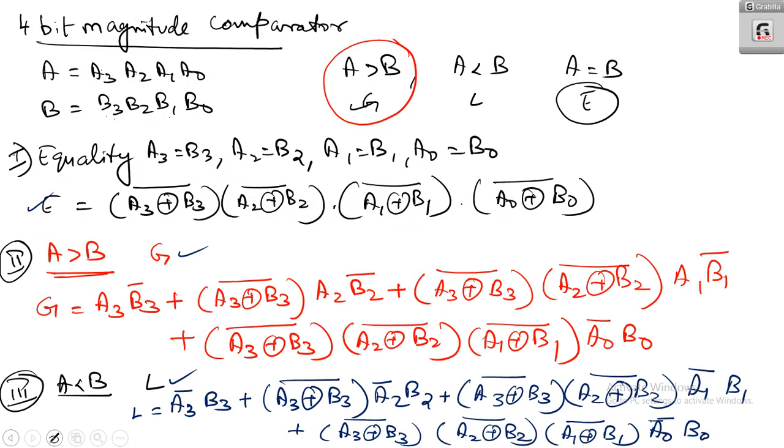I have drawn the greater than circuit, and you have to draw the less than circuit, and for this one also. Another technique is you can draw equal to separately, greater than separately, less than separately. Only thing is that you should have the same points which are taken in.